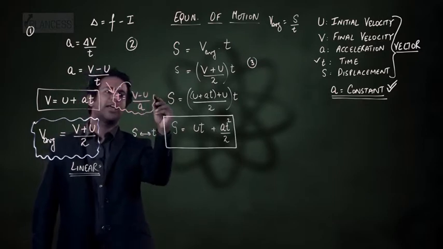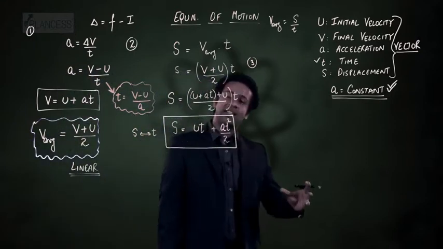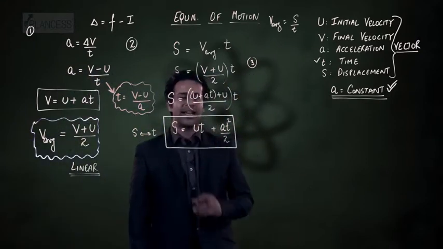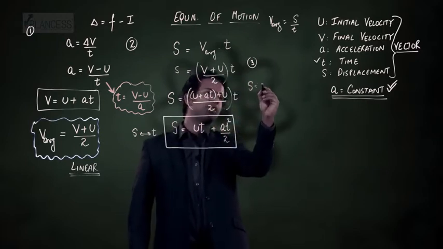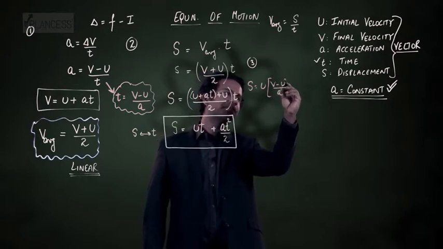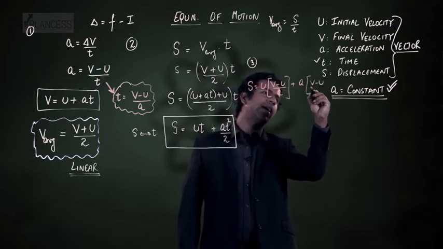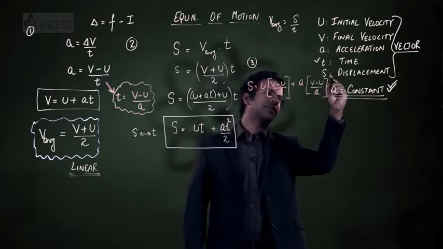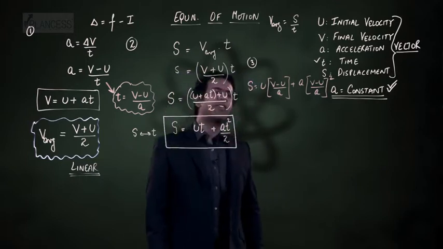So time can be written in terms of v, u and a. And we will substitute this value in the second equation. So s becomes u into (v minus u) by a plus half a into ((v minus u) by a) whole square.